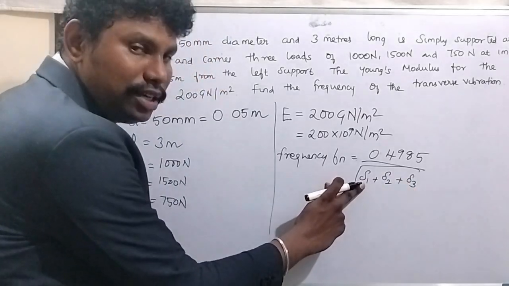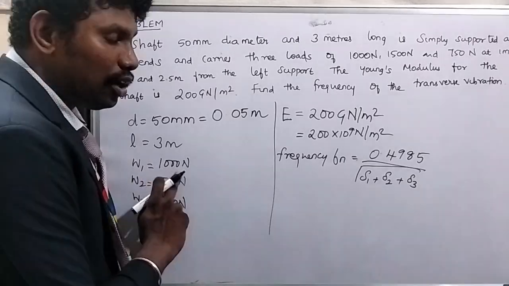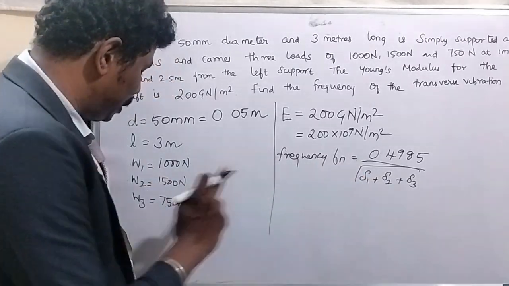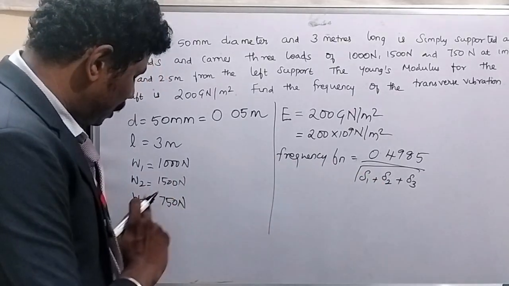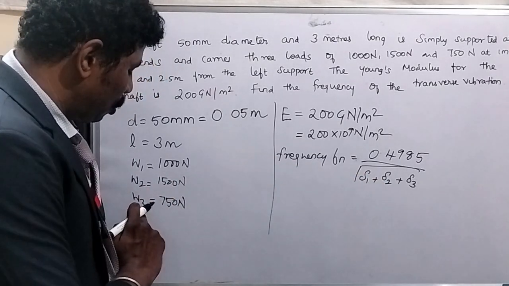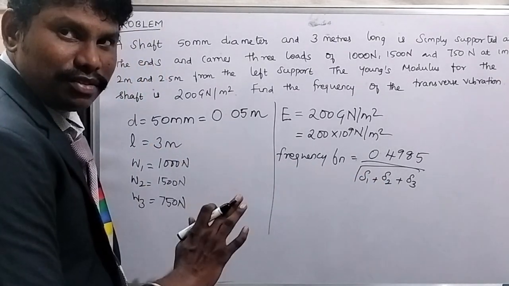Delta 1 is the deflection due to the load 1000 Newton, delta 2 is the deflection due to the load 1500 Newton, and delta 3 is the deflection due to the load 750 Newton.